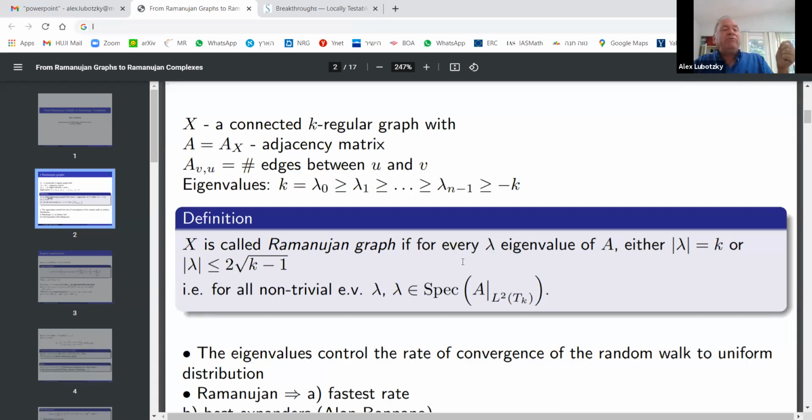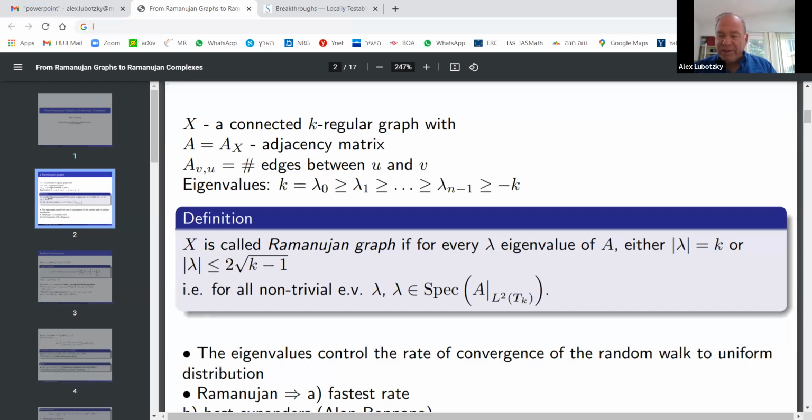What we say is that a graph is Ramanujan if, except for the two eigenvalues which are kind of forced on us because we live in the finite world, all the other eigenvalues are coming from the ideal object. Okay, but this is kind of philosophy.